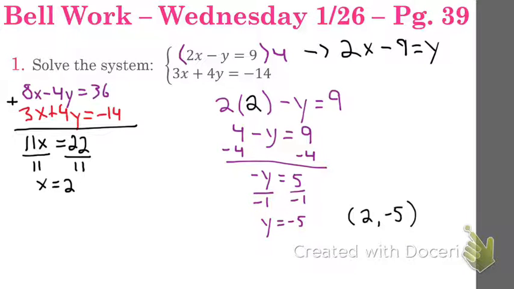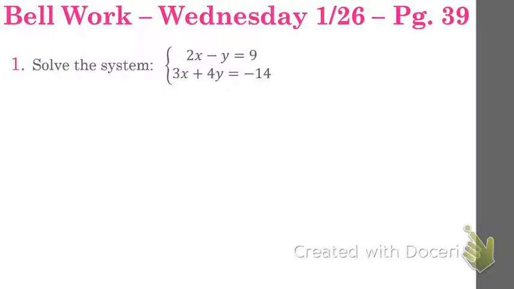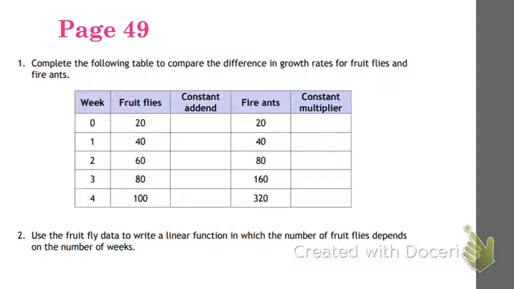Okay, I'm going to erase all this. And then we're going to get into, you guys already have your books out, which is good. We're going to start on page 49. So we've got this table.